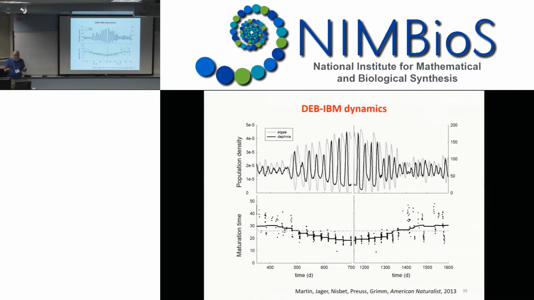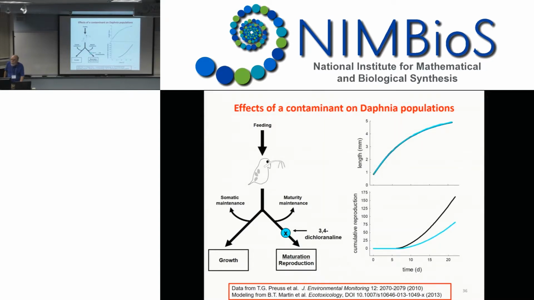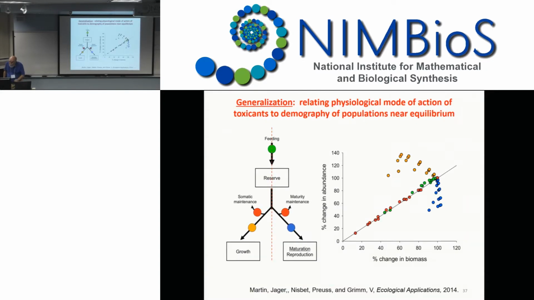I put that in to emphasize the congruence of the approaches and the different kinds of insight that you can get from them. Ben Martin also applied this to ecotox, the study of an insecticide, a contaminant that appeared to have primarily an effect on reproduction, and he got a good agreement of model and data.